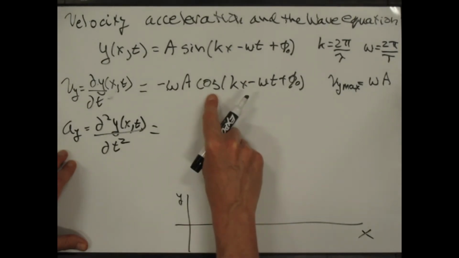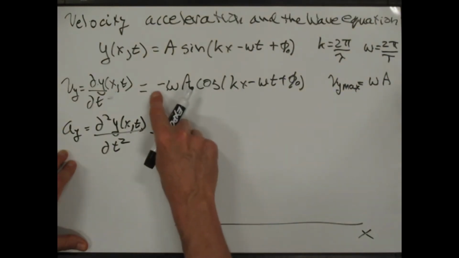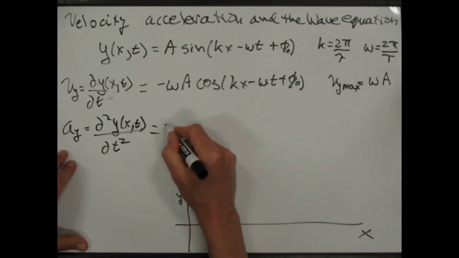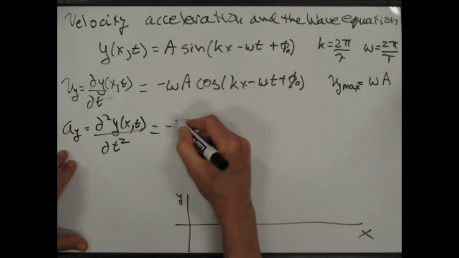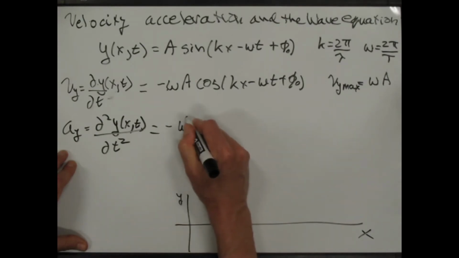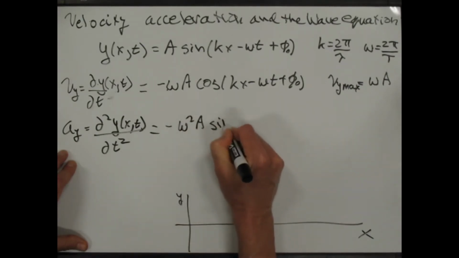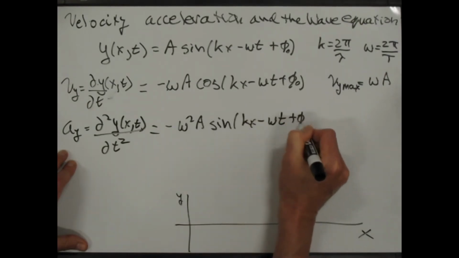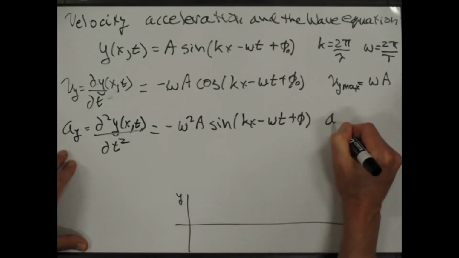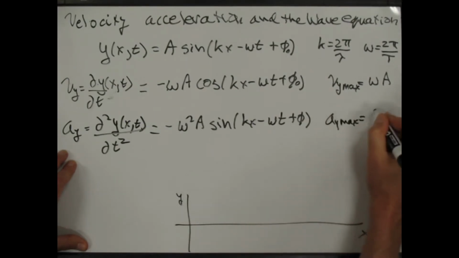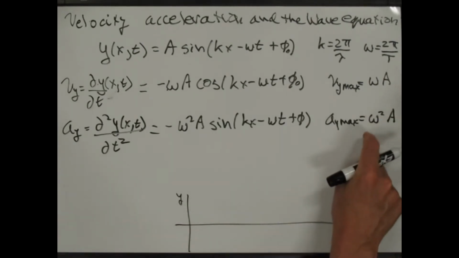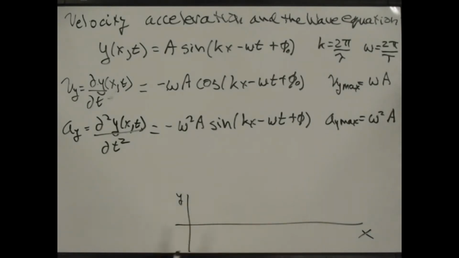The derivative of cosine is negative the sine, so I have a negative sign that comes from the cosine, but I'm also going to get a negative sign here, and so this becomes minus omega squared a sine of kx minus omega t plus phi naught. That's the same maximum acceleration we got from a simple harmonic oscillator.